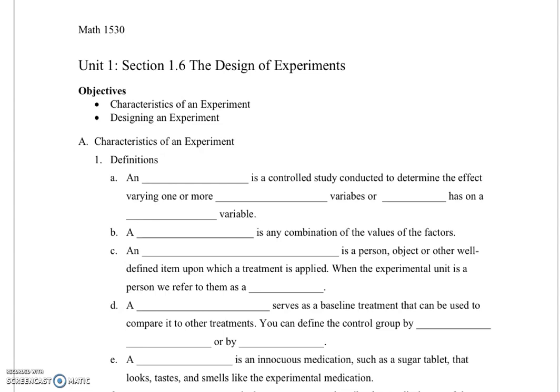So an experiment is a controlled study conducted to determine the effect that varying one or more explanatory variables or factors has on a response variable.